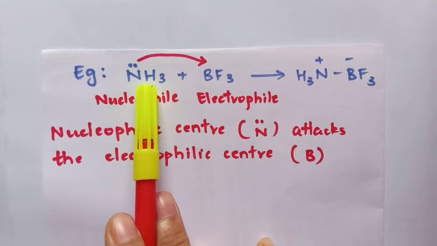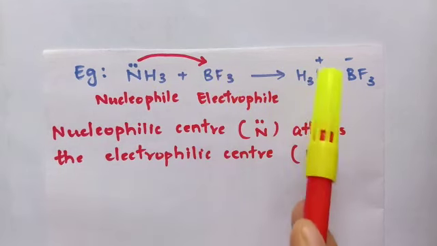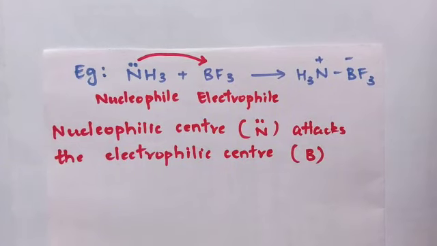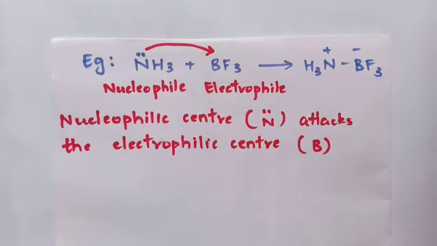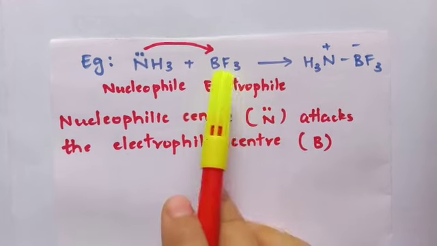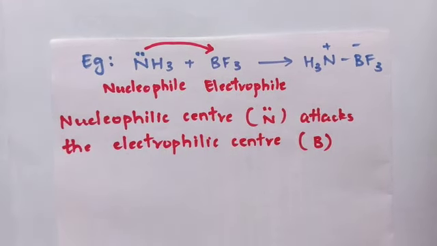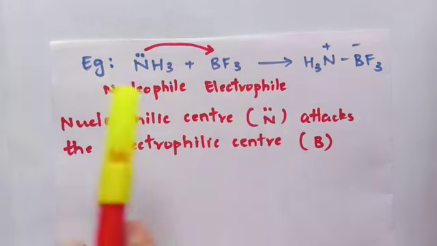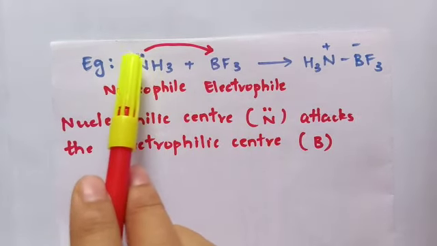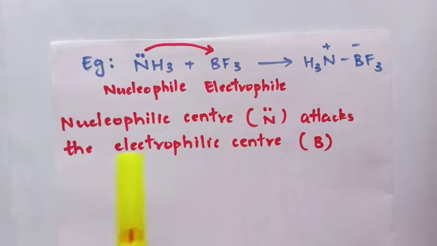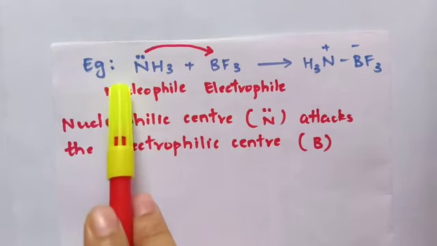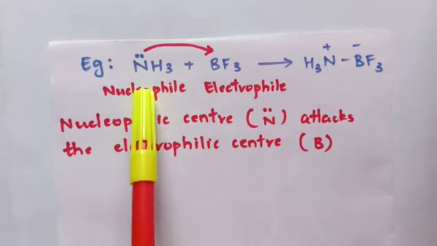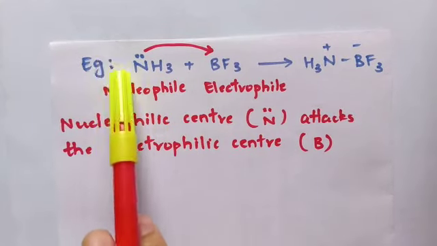Let us take an example to understand this. You can see NH3 reacts with BF3 to give this intermediate, this complex compound. NH3 is ammonia and BF3 is boron trifluoride. Here, on nitrogen you can see there are 2 electrons, that is, nitrogen has 1 lone pair of electrons. So in this polyatomic nucleophile, nitrogen is my nucleophilic center.